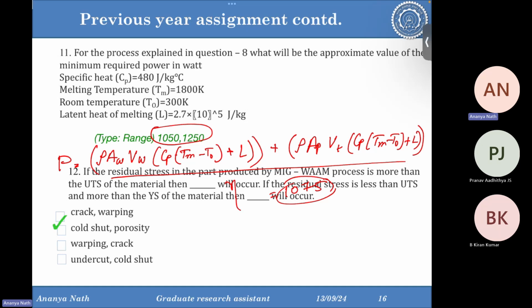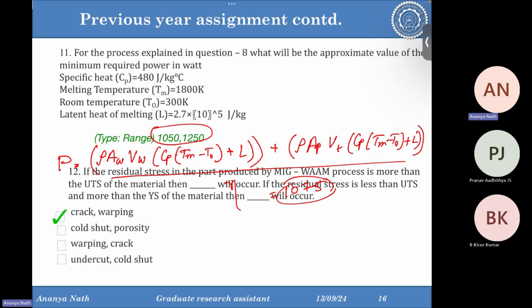No, always remember, undercut, cold shut, these are useful for welding process, but here apart from welding, we are doing additive manufacturing. So one thing is residual stress.